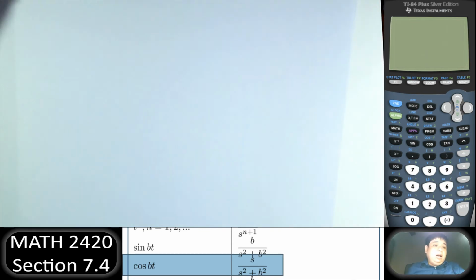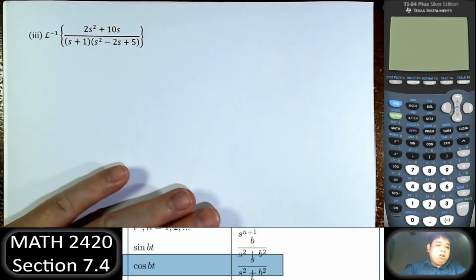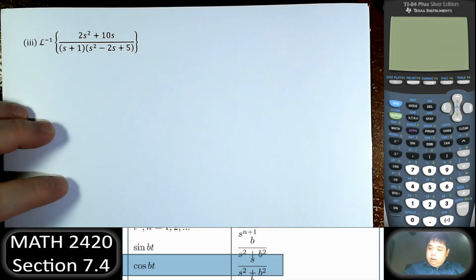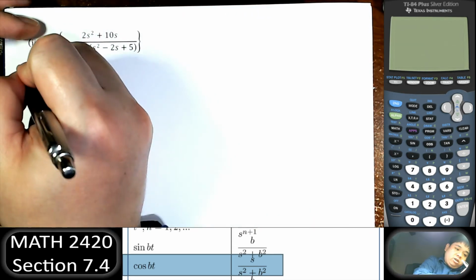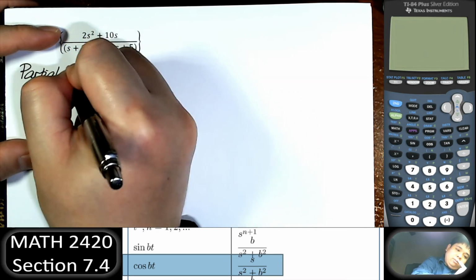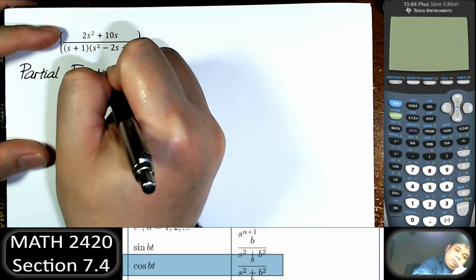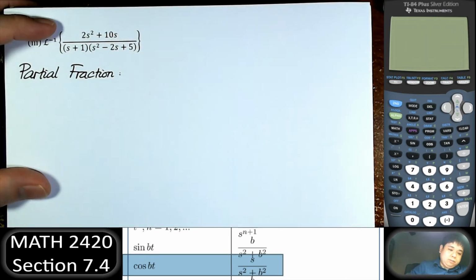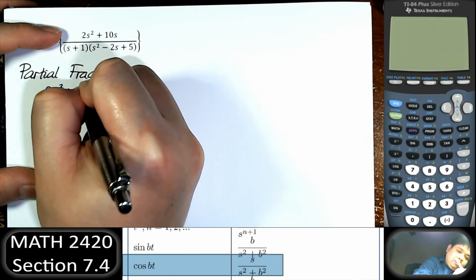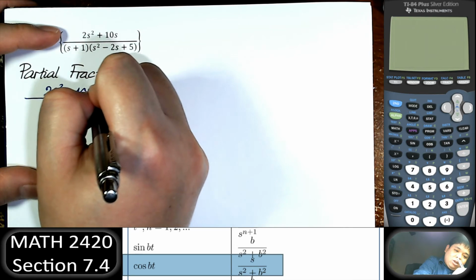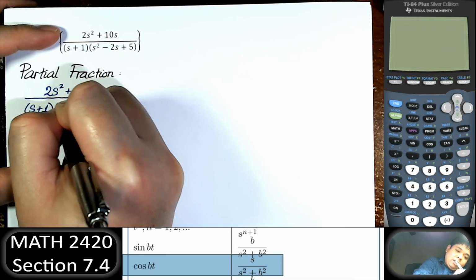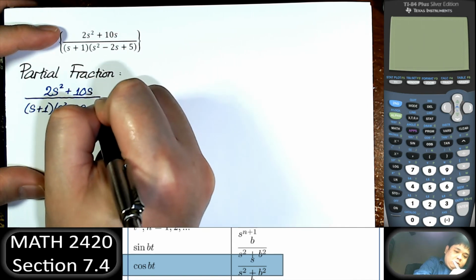Right, next, find the Laplace transform of this one. So first, of course, we do the partial fraction. 2s squared plus 10s over s plus 1 times s squared minus 2s plus 5.